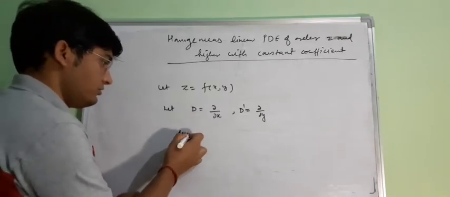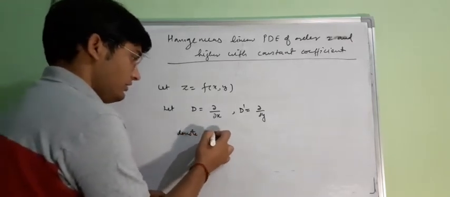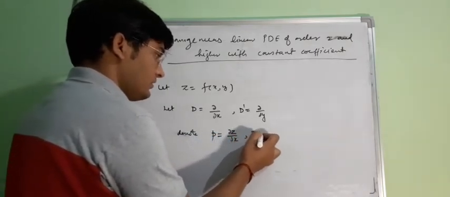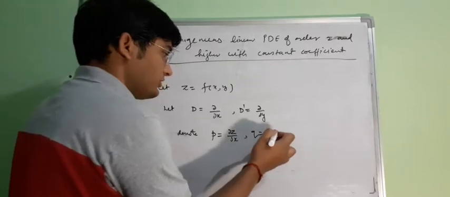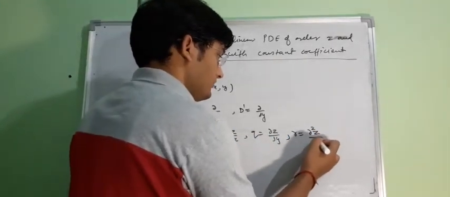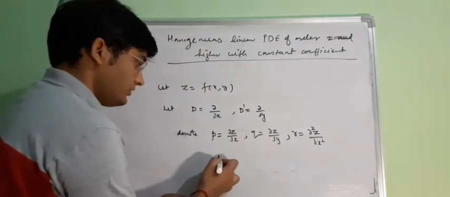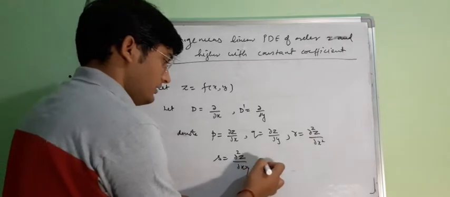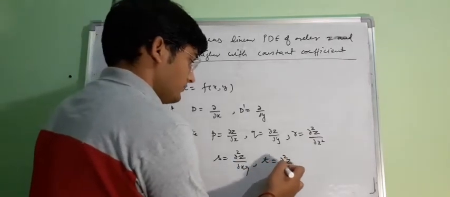Here we will denote del z upon del x by p, del z upon del y by q, r will be del 2z upon del x2, s will be del 2z upon del x del y, and t will be del 2z upon del y2.